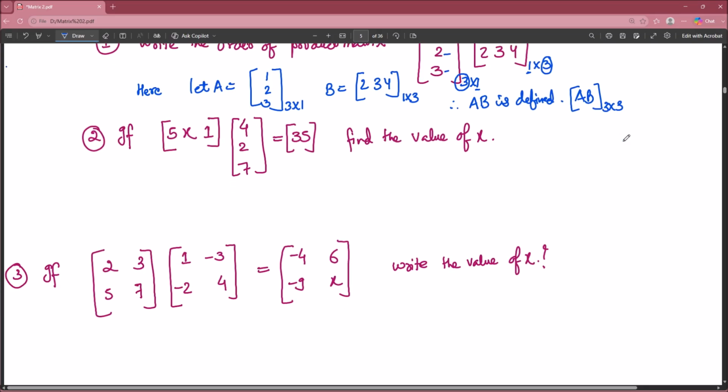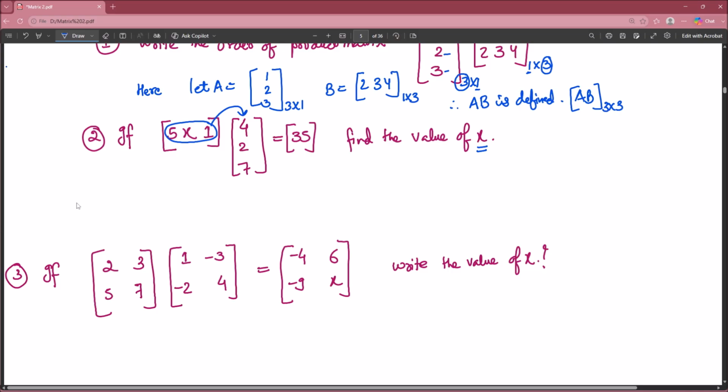The next question is: if [5 2 7] times the column [4 x 1] is equal to [35], find the value of x. We have to find the value of x. For that we have to calculate this. As we know the matrix multiplication rule, this will be multiplied by this.